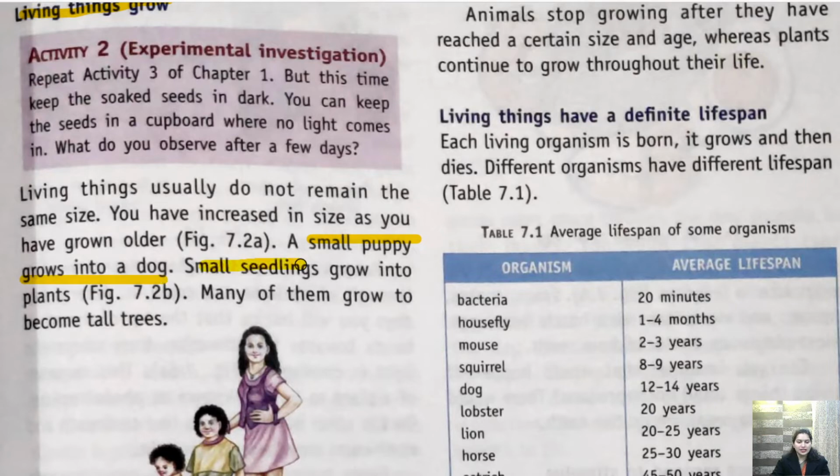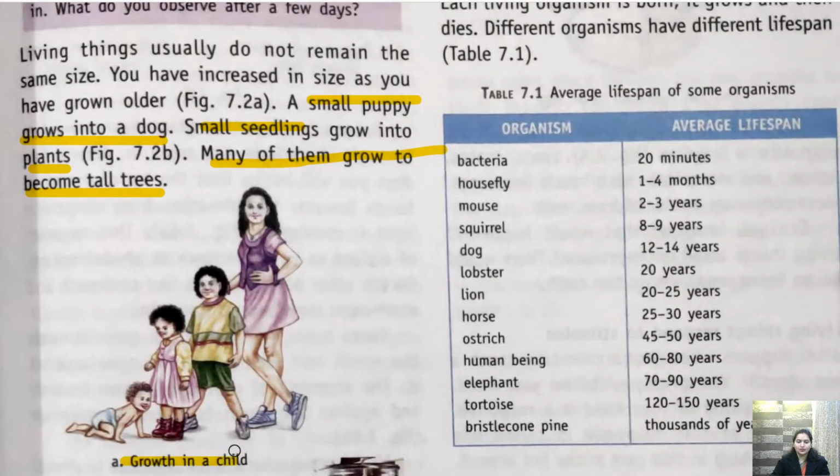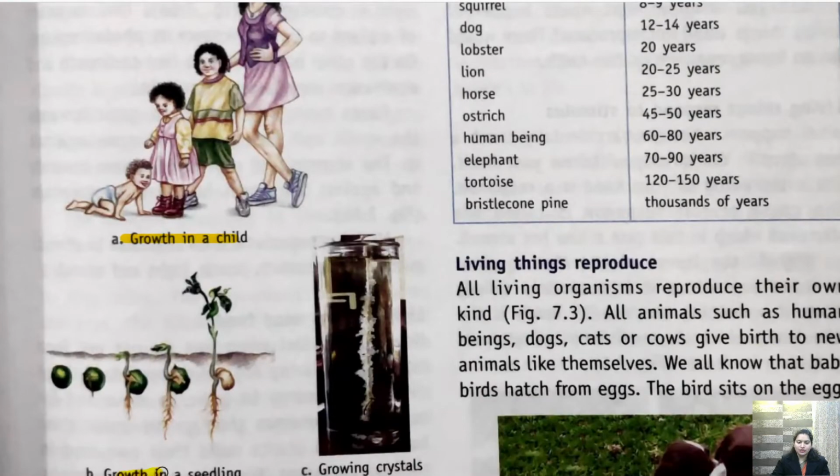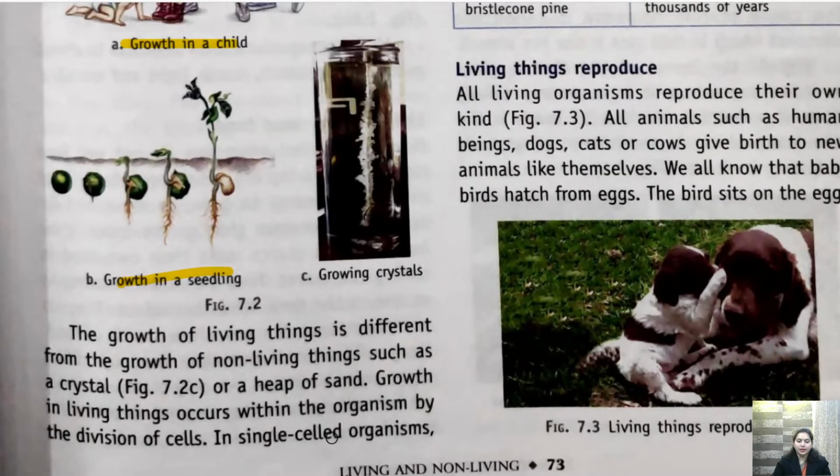A small seedling grows into a plant. Many of them grow to become tall trees. Okay, like this. This is the growth of a child. Growth of a seedling. Getting it? Sorry. Getting my point?